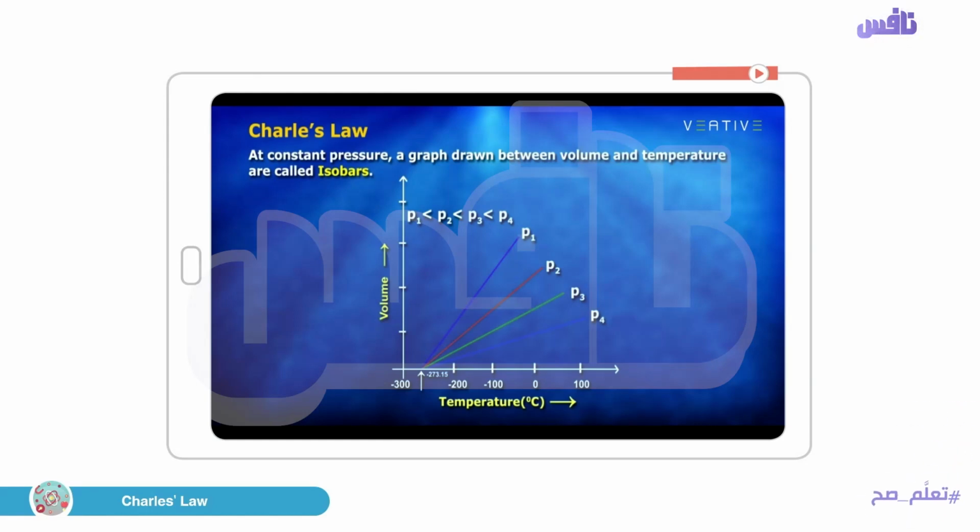As we see, the relation between volume and temperature at a certain value of pressure. And for each straight line we see that P1 is less than P2, less than P3, and also P4. Each line represents a system which is called isobars or an isobaric system.